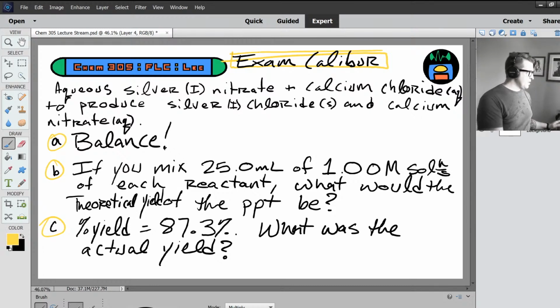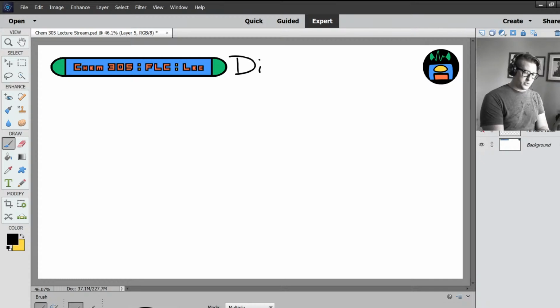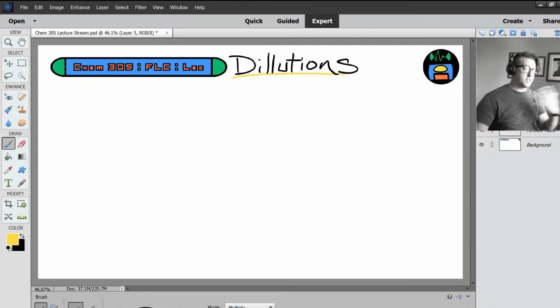All right. Okay, so moving right along. Let's take a moment to talk about dilutions. All right, dilutions. The process of dilution is very, very common in a chemistry lab.